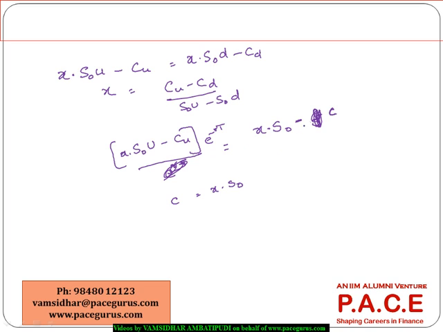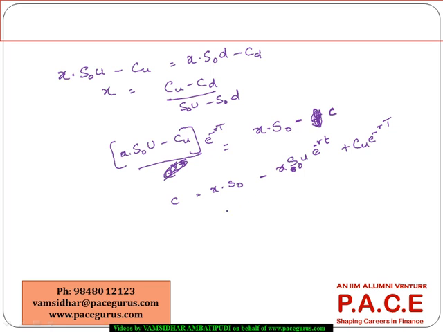So if I take C, the simplification comes out this way. If I take this to this side, it becomes X times S naught minus X times S naught U e power RT, plus CU e power minus RT.